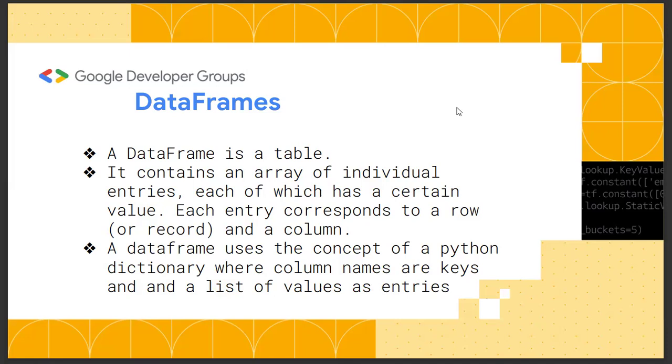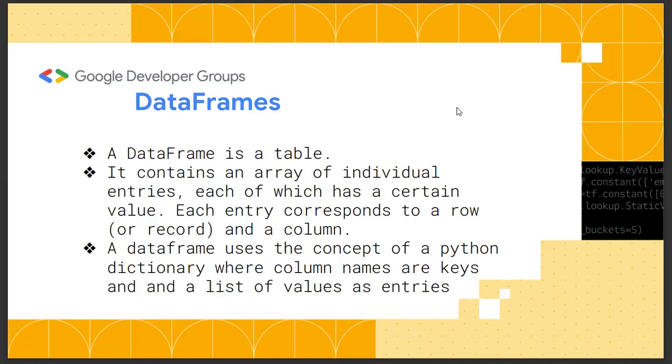A data frame uses the concept of a Python dictionary where column names are keys and a list of values as entries. So if you took our Python series course, you'd know what a dictionary is. The concept used in the dictionaries is literally the same used for data frames.